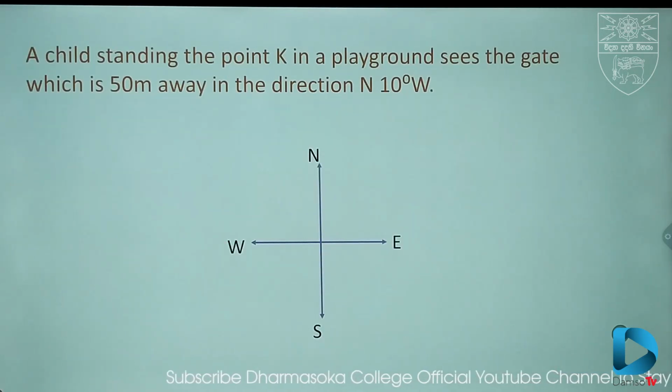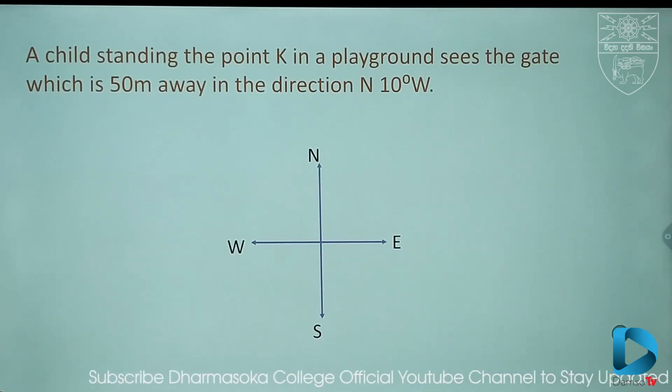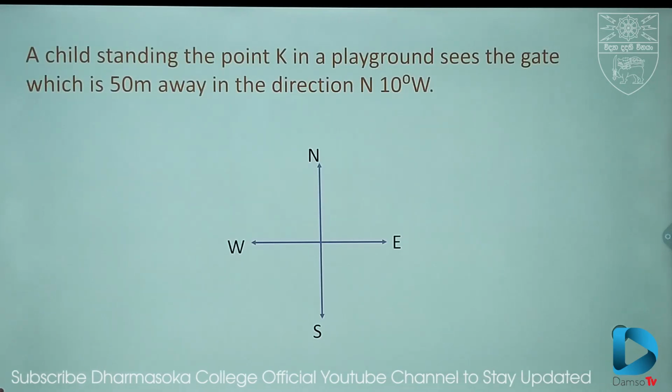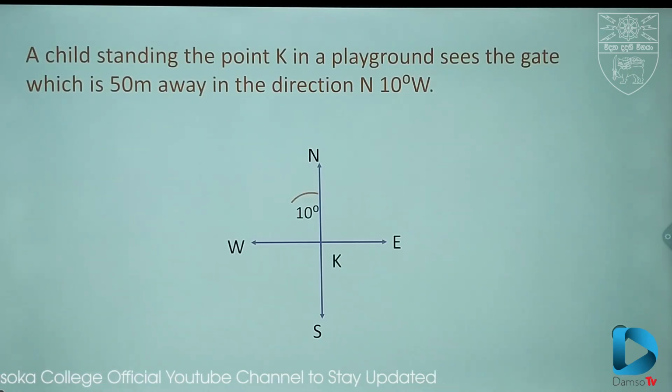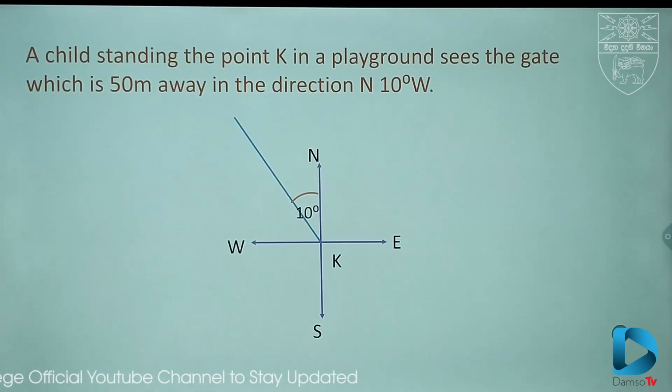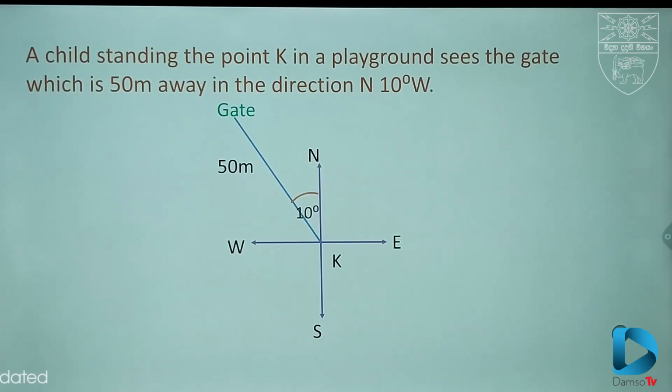First draw the main directions and include the magnitude of the angle, then draw the line and indicate the distance, 50 meters, and you can get the location of the gate. Is that clear? Let's move to another one.